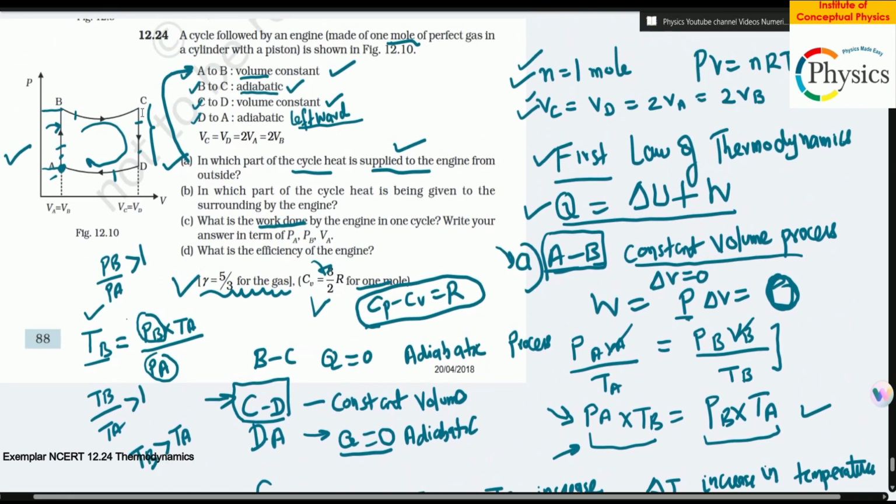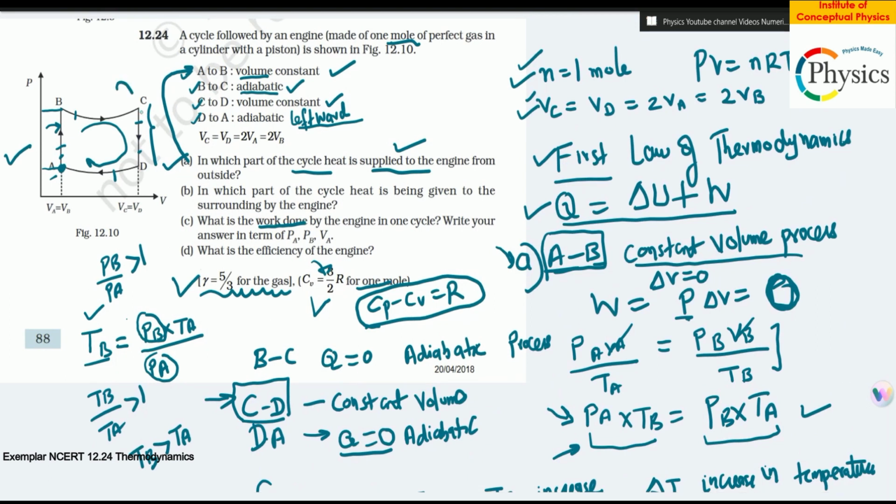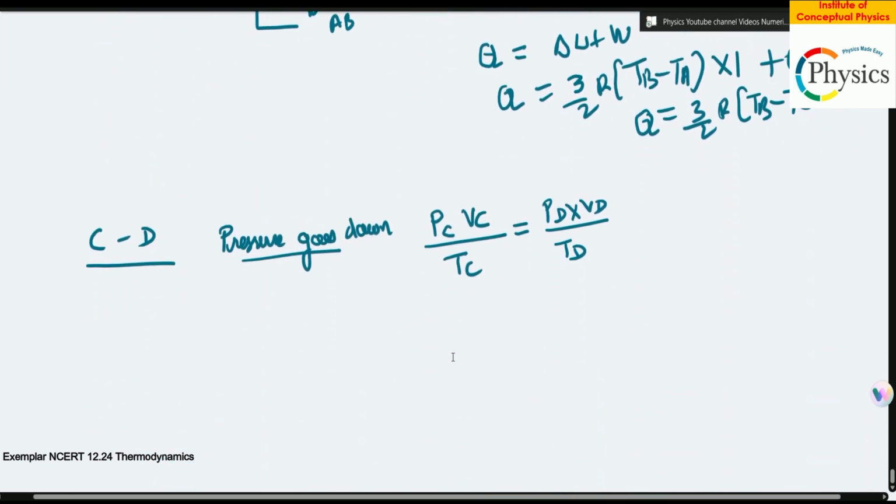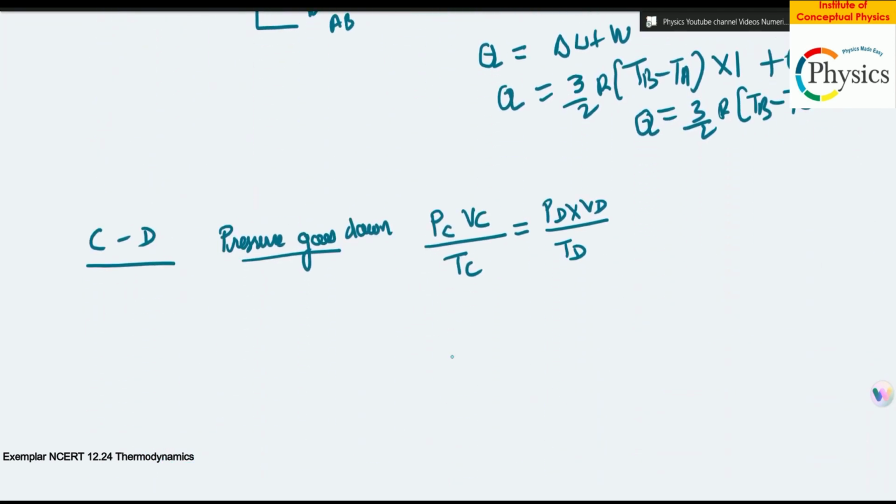We are referring to these two points, this point and this point. The pressure is going down, volume remains unchanged, right? So C to D is what we are discussing. The pressure goes down, the volume is unchanged. So the temperature at D, the final temperature, is PD into TC upon PC.